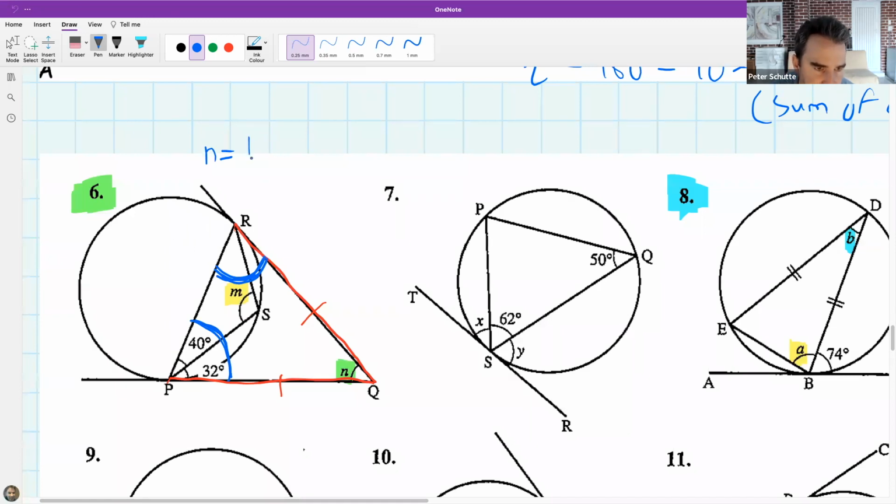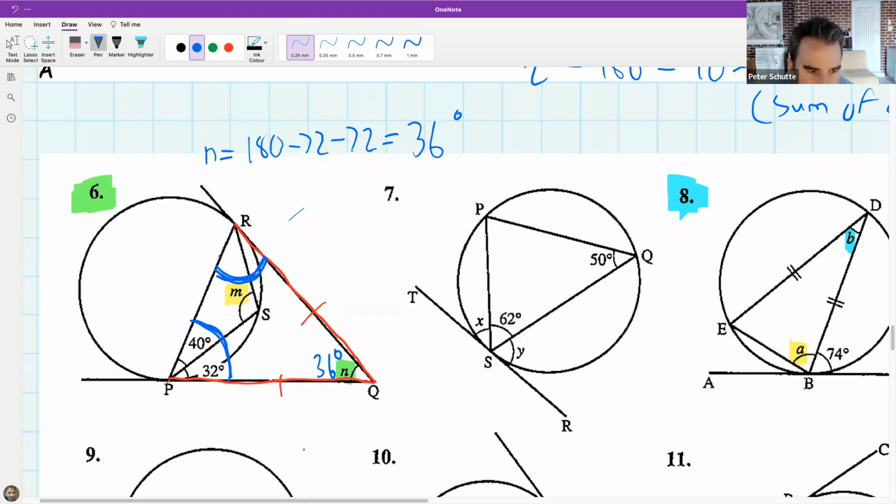So then N would be 180 minus 72 minus 72. And what did you get then for N? I've got a negative angle. You shouldn't get that, because you go 180 minus 72 minus 72. And it was 36. 36, yes. So I get that this is 36 over here.